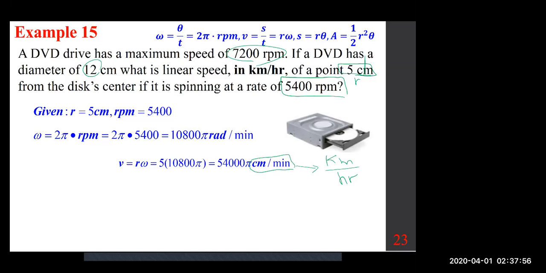All you have to do, write it in this form, and then see how we can get rid of the minute in the denominator, centimeters in the numerator. And so that shouldn't be a problem. By the way, I'm going to assume everybody knows 1 kilometer is 1,000 meters, and 1 meter is 100 centimeters. Sounds good, everybody? See if you can figure it out.